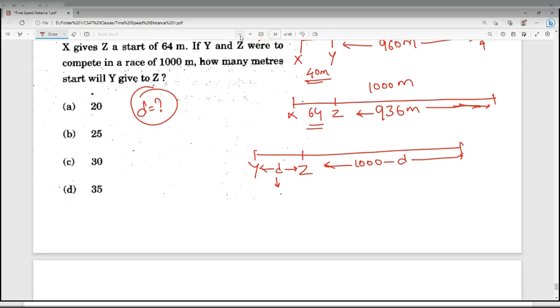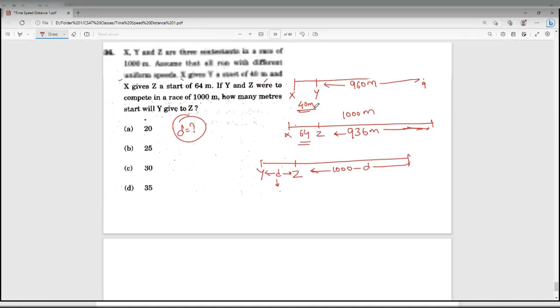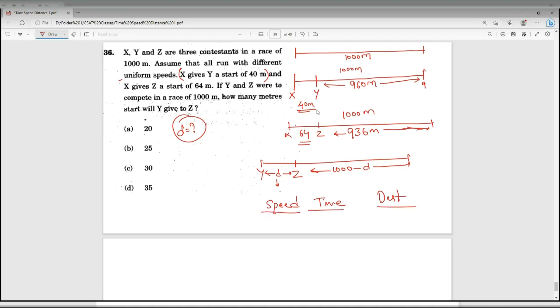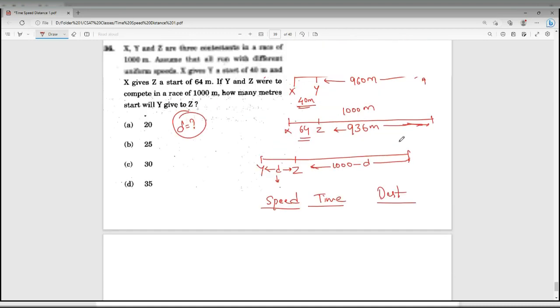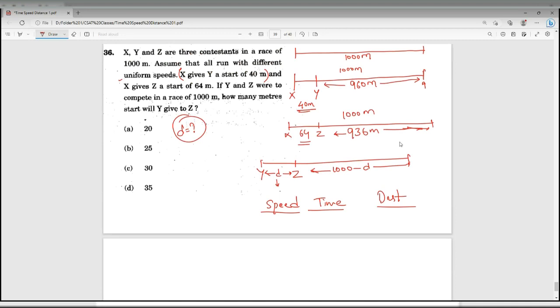The chart system. So the standard chart is speed, time, distance. The first thing they're saying is everybody's speed is different. So let's take X's speed as X, and let the time be the same. We are writing the chart for this case 1.